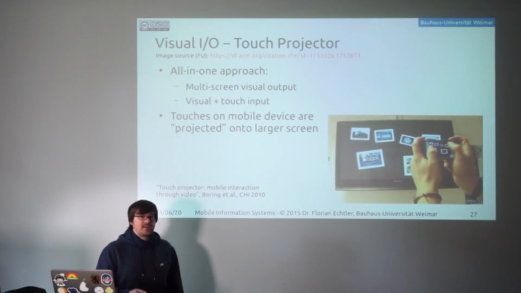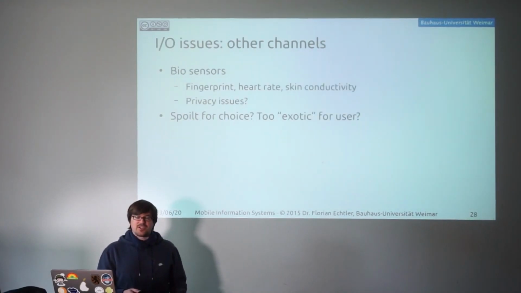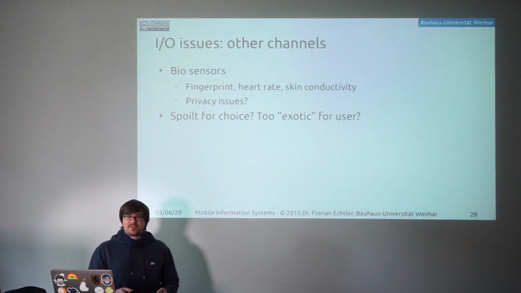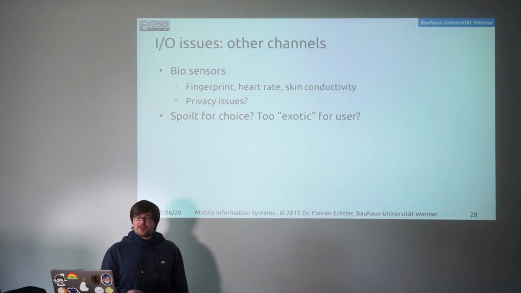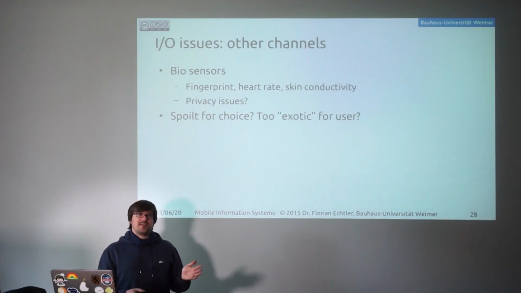purely visual part. Now let's talk a bit about other channels we have available. Some of these are on top of the sensors we already talked about. But for example, we can also have biosensors. We can, for example, have heart rate sensors or fingerprint.